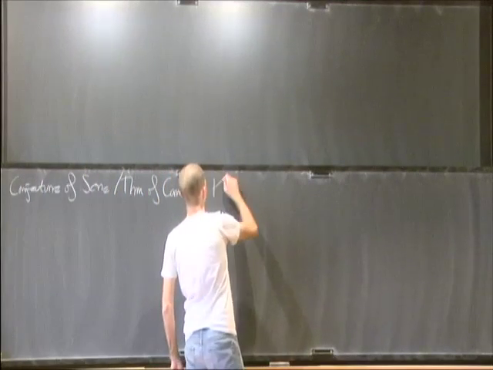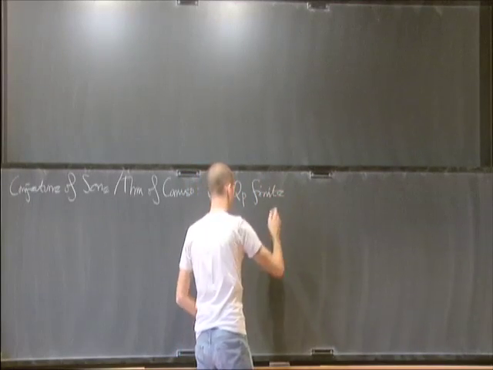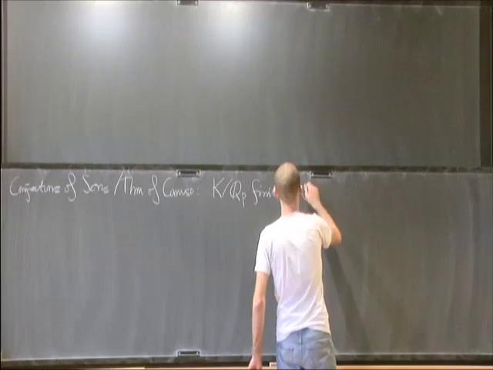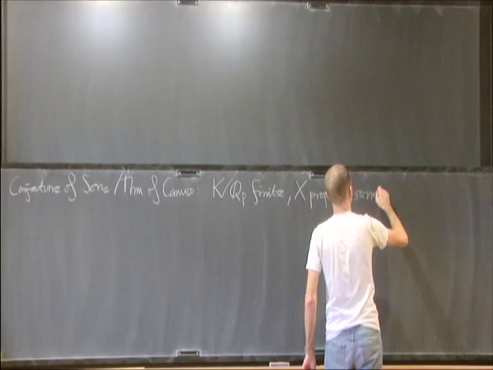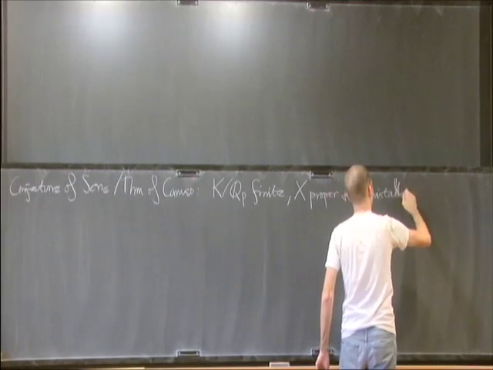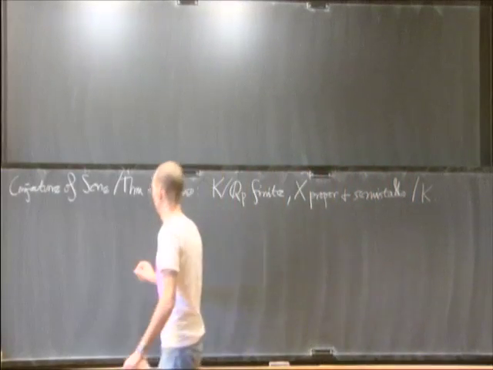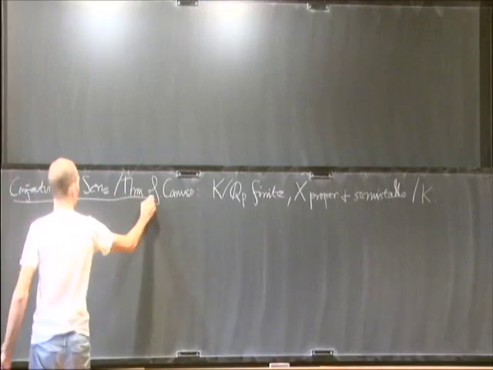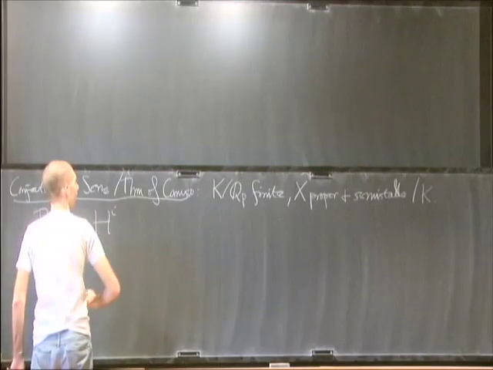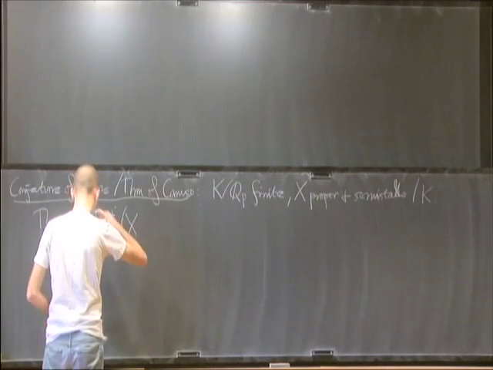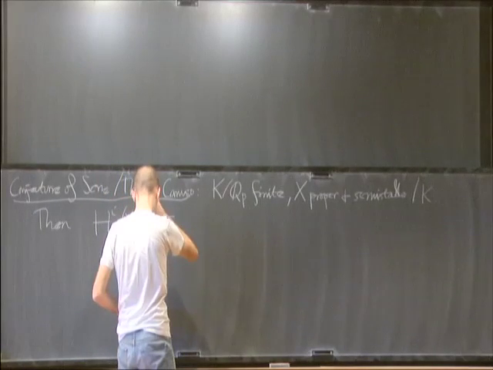So let's take K over Q_p finite, and X proper and semi-stable over K. And then we consider the cohomology of X over K bar with F_p coefficients.